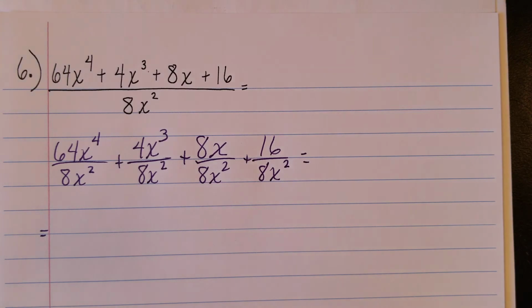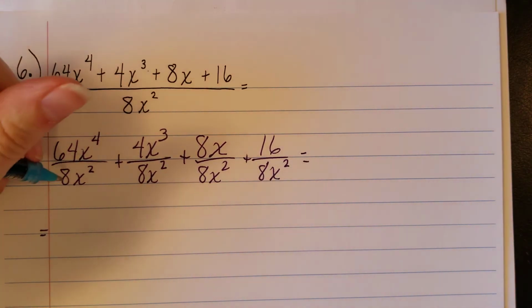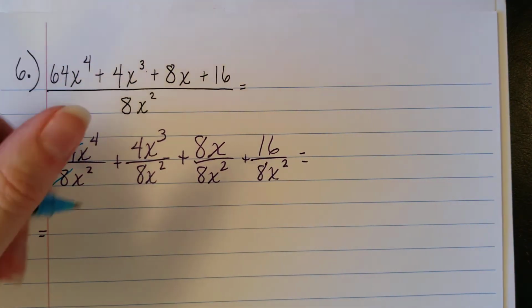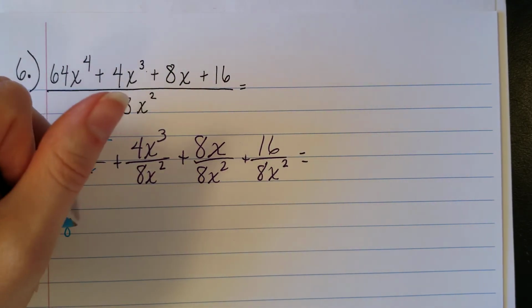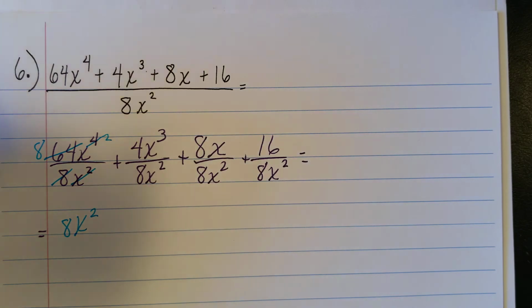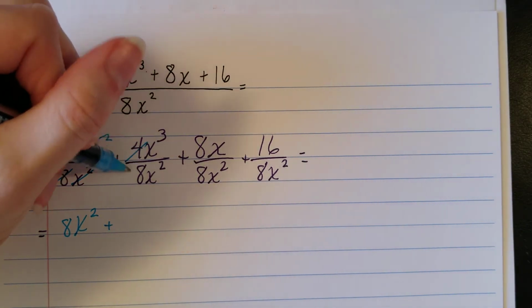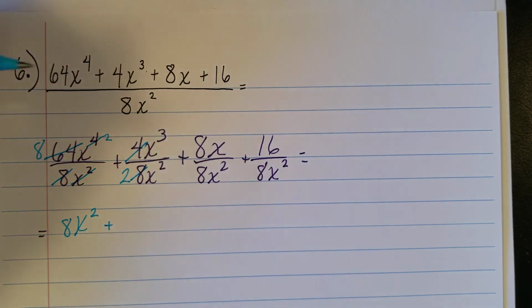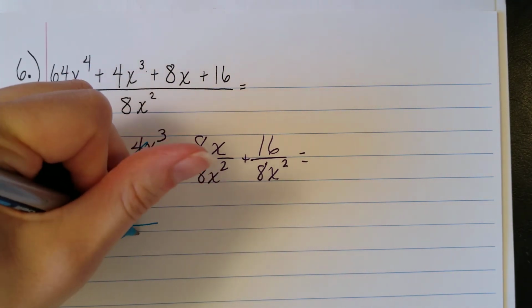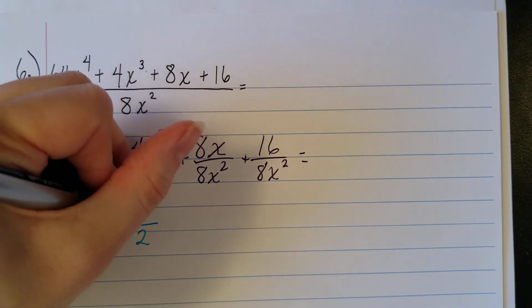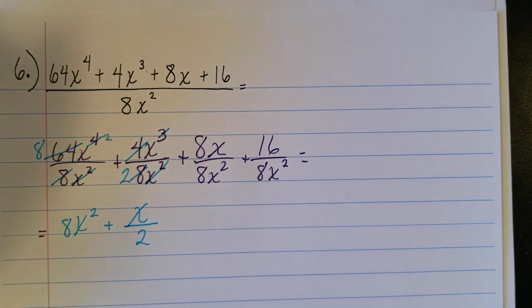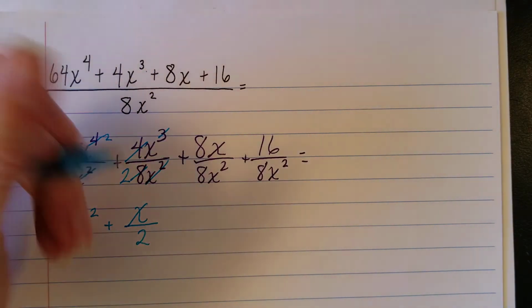Alrighty, so 8 goes into 64 8 times, and then 4 minus 2 is 2, so that's 8x squared. Plus, 4 goes into 8 2 times, so that 2 is on the denominator, and then 3 minus 2 is 1, so you've got x in the numerator, so x over 2.